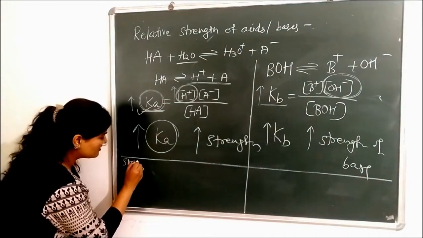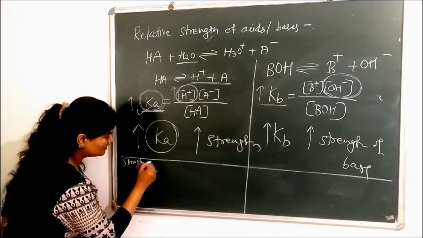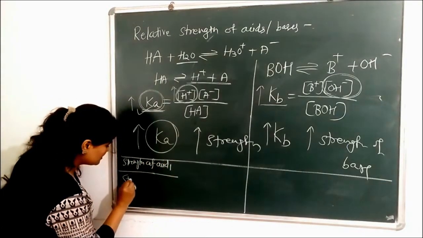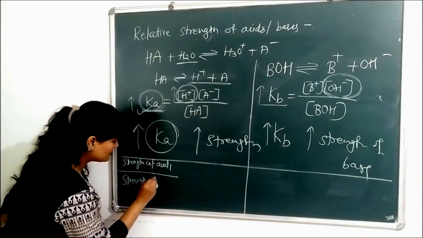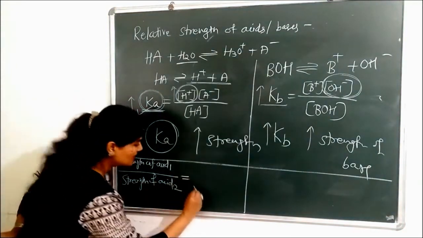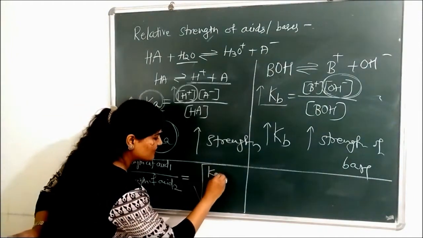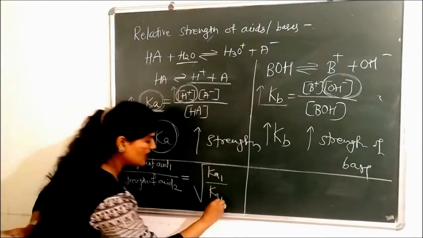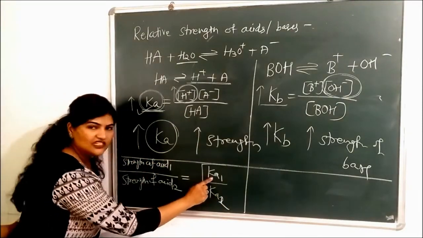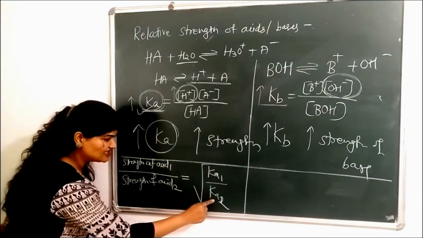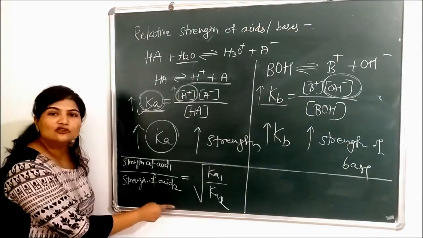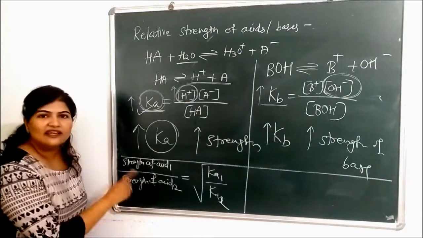Strength of acid 1 upon strength of acid 2, any acid you can take, is equal to under root Ka1 upon Ka2. You have to know the acid dissociation constant for this acid and for this acid. If you know the values, you just put the values in this equation and you will get the relative strength of acids.